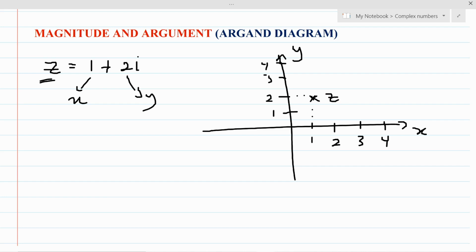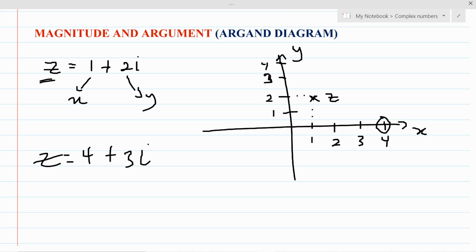In other words, if I want to plot z equals 4 plus 3i, then I have to find 4 on the x-axis or the real axis, that is this side, and find 3 on the imaginary side.